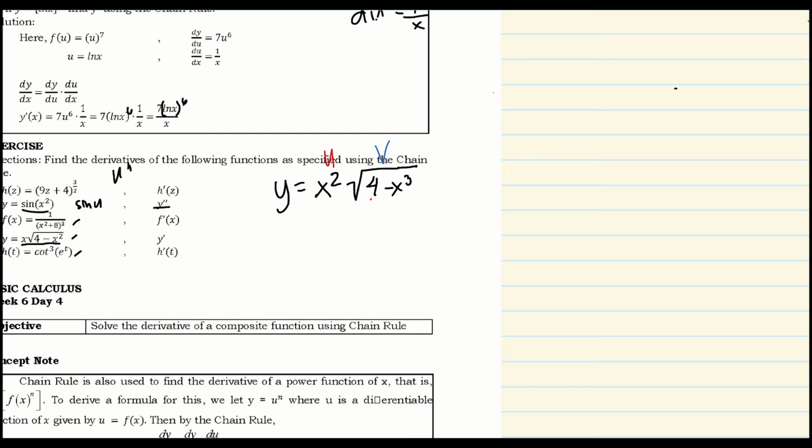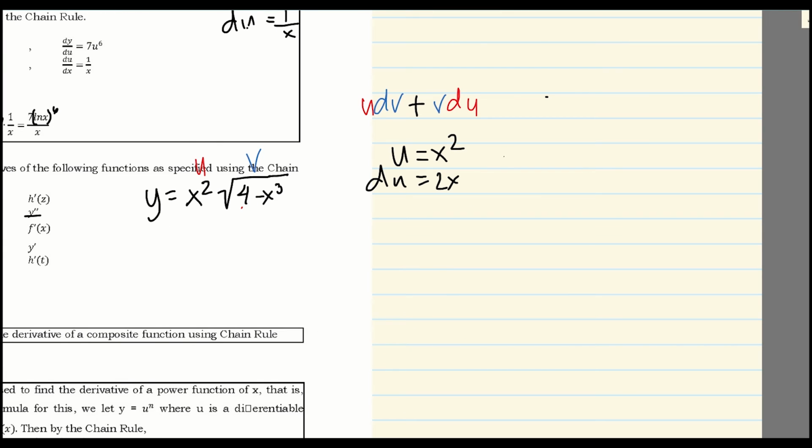So we'll be having u dv plus v du. So what is our u? u is x squared. Our du is 2x.